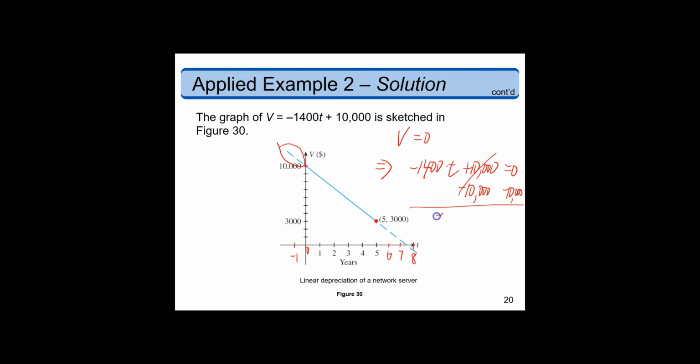So we end up with negative 1,400 t equal to negative 10,000. Now we divide both sides of the equation by negative 1,400. So time t is approximately 7 point something, 10,000 divided by 1,400. We can reduce it to 100 divided by 14.